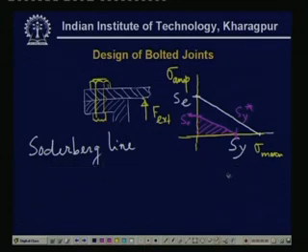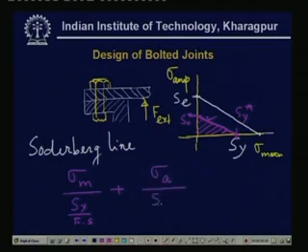sigma mean divided by Sy star, which is equal to Sy divided by factor of safety, plus, this being the equation of this particular line, sigma amplitude divided by Se star, which is equal to Se divided by factor of safety.